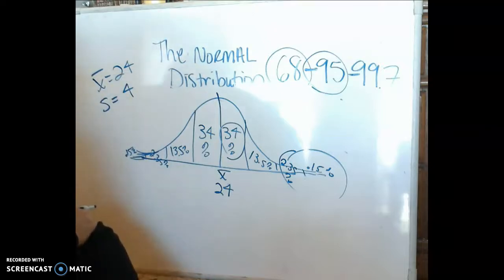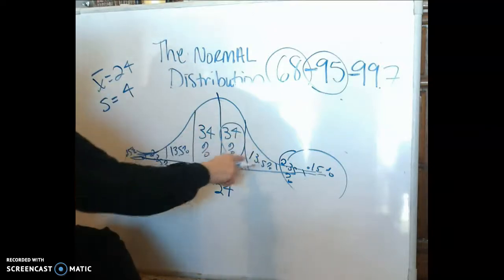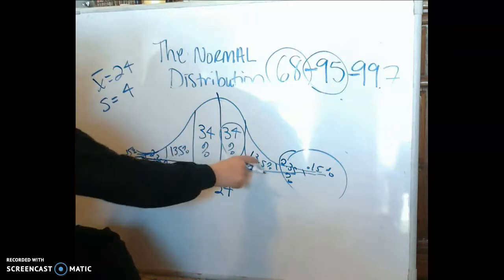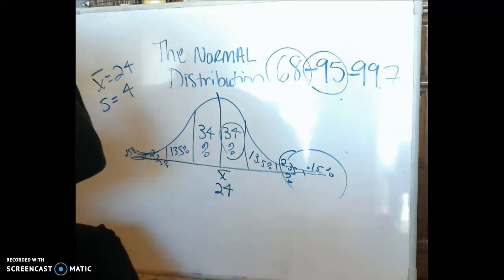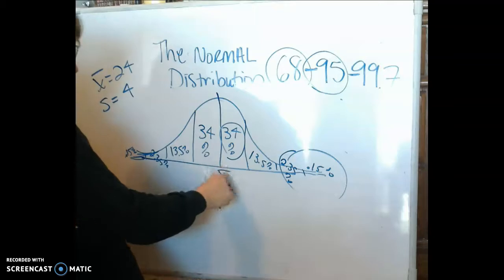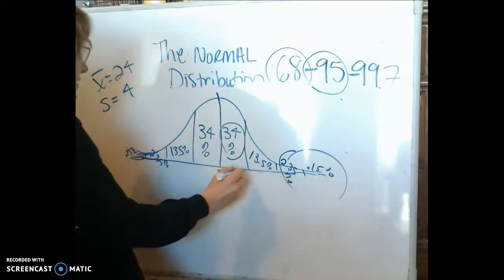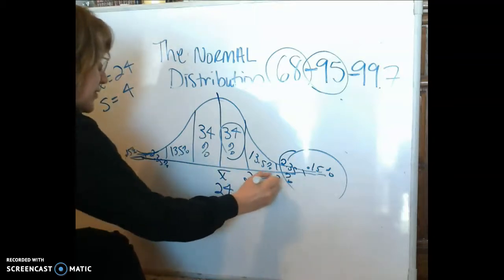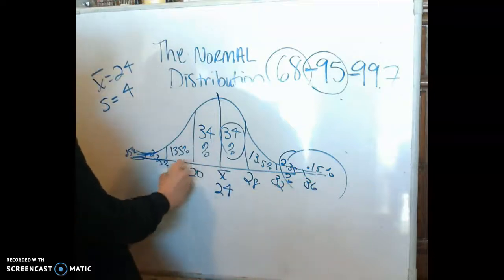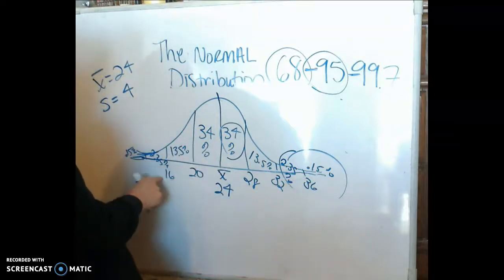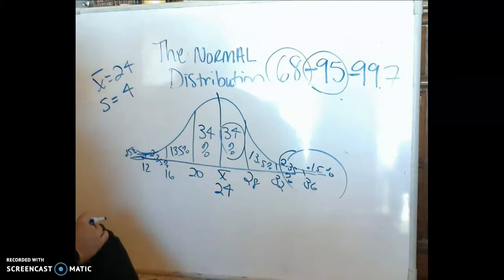So I know that these numbers are going to hold: 34, 13.5, 13.5, 2.35, 2.35, and 0.15, 0.15. And so I'm just going to add my standard deviation 3 times. So this is going to be 28, 32, and 36. And then I'm going to subtract it. So 20, 16, and subtract 4 again is 12, okay?